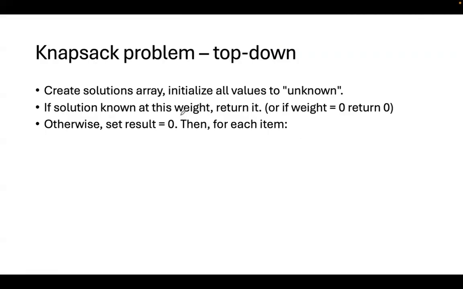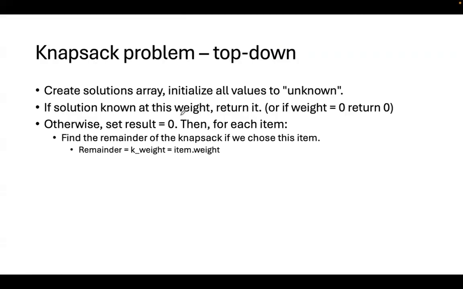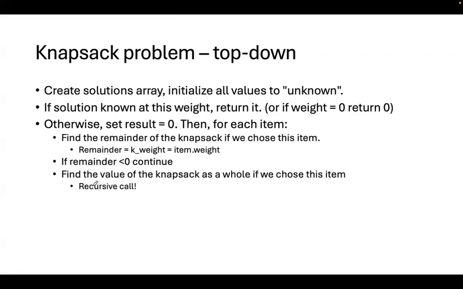And then we follow a similar process where for each item, we find what else fits in the knapsack if we chose this one. If we chose this and it overfills, then move on. Otherwise, we do this recursive call.